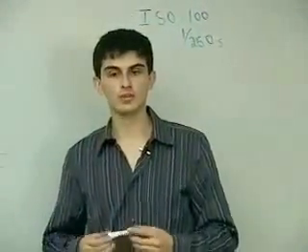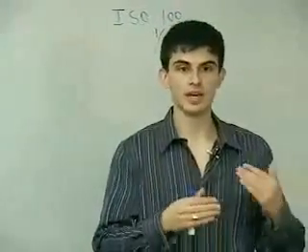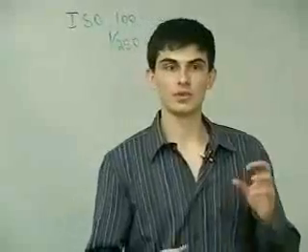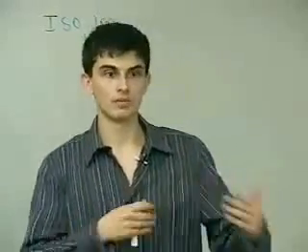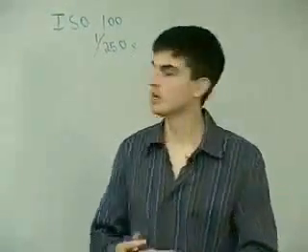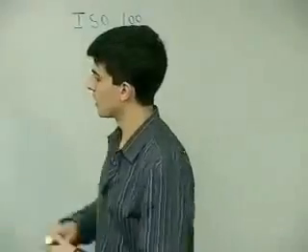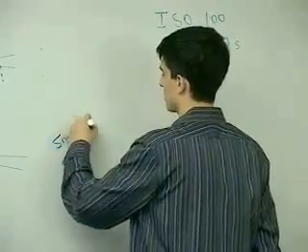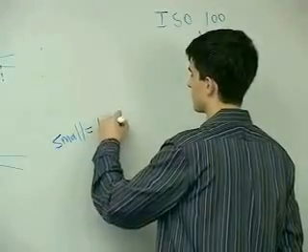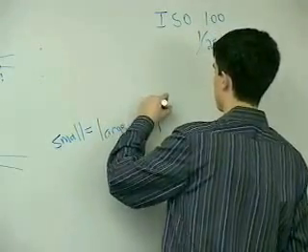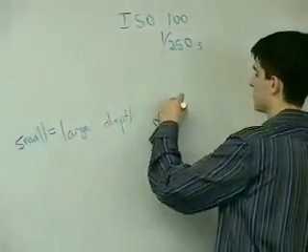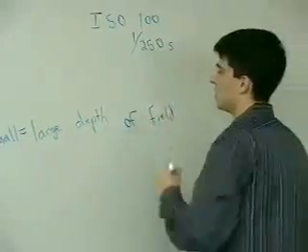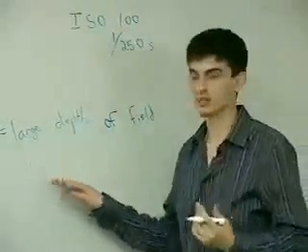The depth of field is the distance behind and in front of the absolute focus point, where things appear to be sharp. So a smaller aperture equals large depth of field. But this also lets in less light.